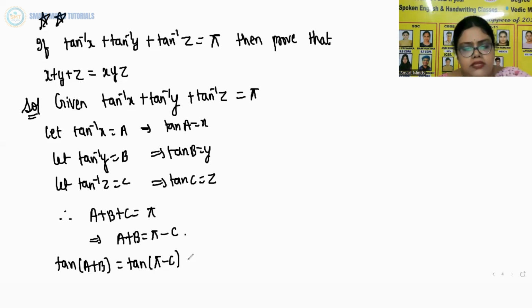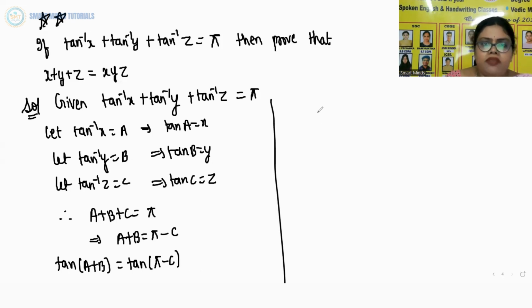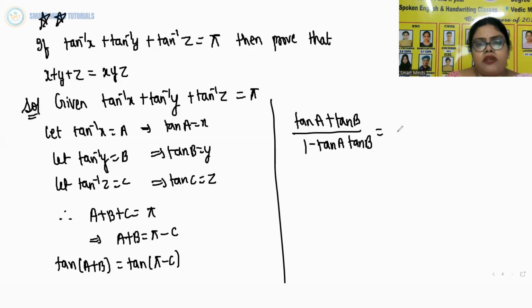Tan (180 minus theta) is, now we need to, so if we apply the formula for tan (A plus B), we get (tan A plus tan B) by (1 minus tan A tan B), which is equal to tan (180 minus theta), which is minus tan theta. So this is minus tan C.